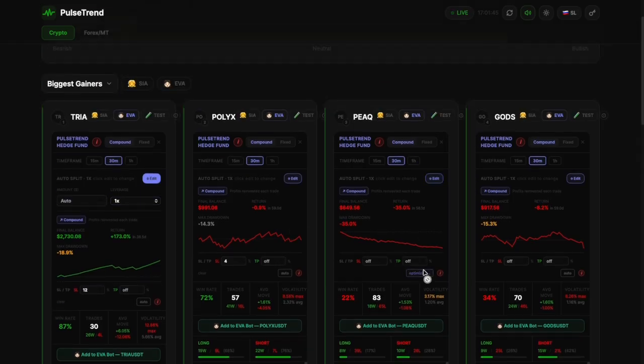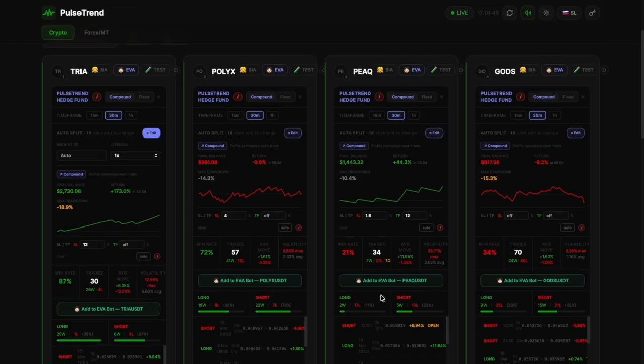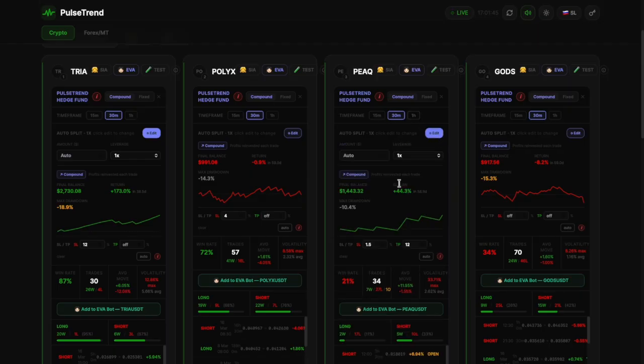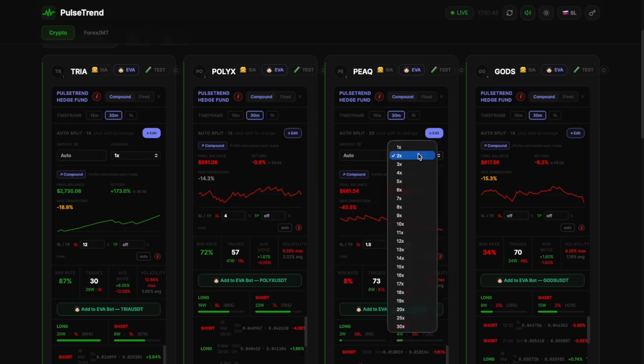And maybe what's this peak? Because you see, if I click optimize, the number of trades also reduces, so it doesn't always take all the trades. Let me just, wait, 1x.